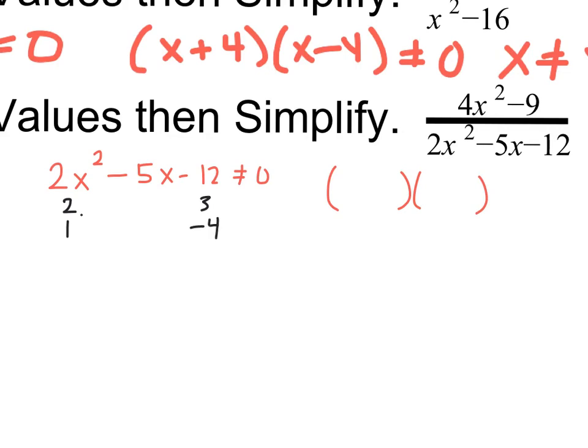Then we can check our outsides would be 2 times -4, which is -8. Insides would be 1 times 3, which is +3, and that's going to add up to -5x. So our factors then are 2x plus 3, x minus 4.